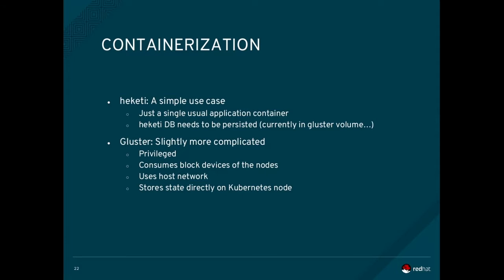The Gluster container was a bit more complicated because Gluster has some dependencies on other processes running on the same system. So, for instance, it expects RPC bind to be running on the system, and the way it handles that is that it attaches to the host network. So it basically assumes the network identity of the host that it's running on.